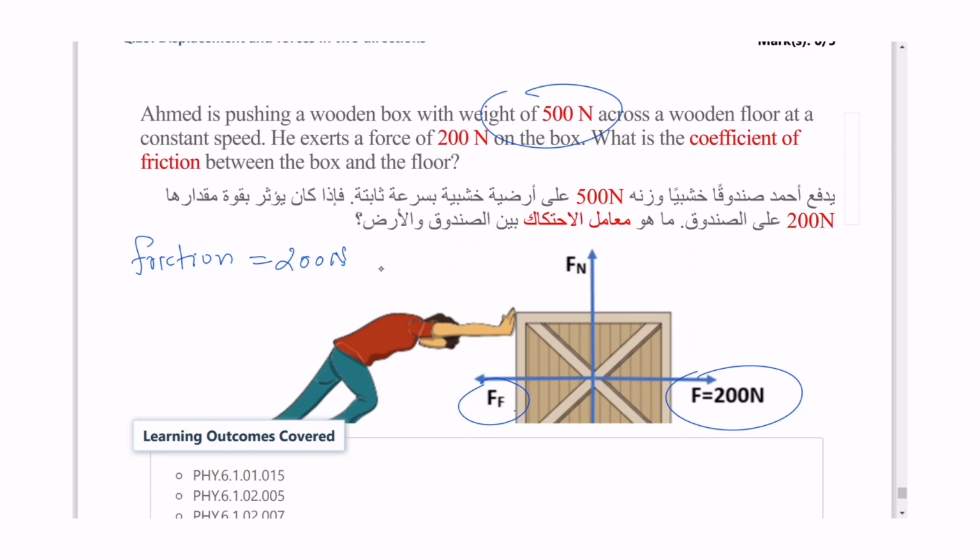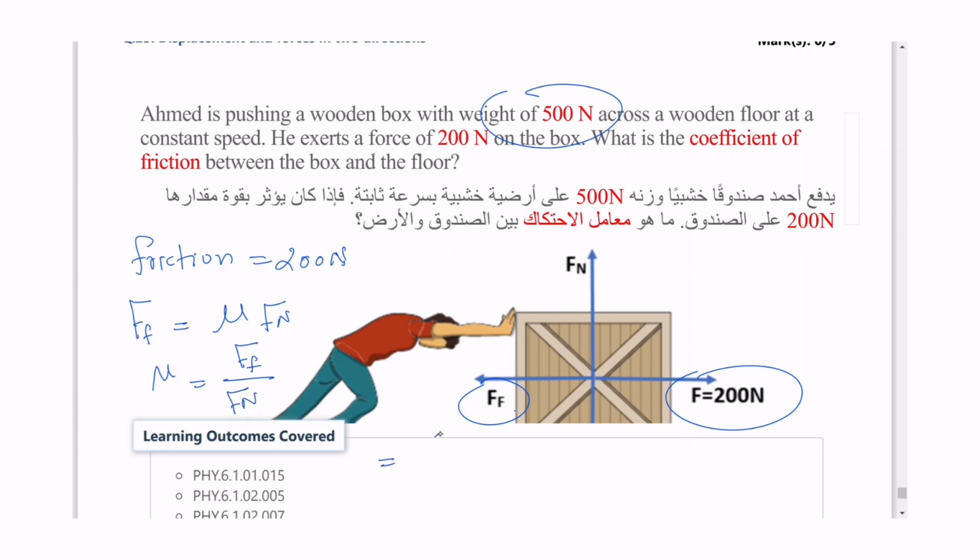So you have friction and you need to calculate the coefficient of friction. You have the equation for friction: force of friction is equal to coefficient of friction multiplied by normal force. Coefficient of friction mu is equal to force of friction divided by normal force.